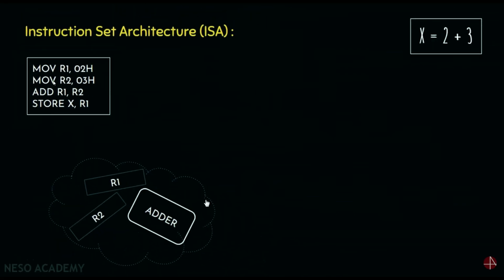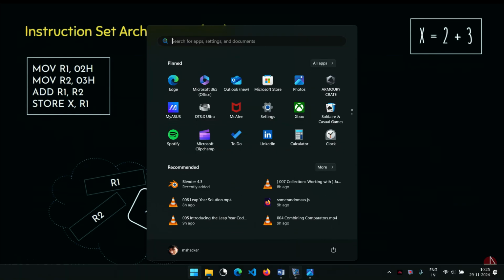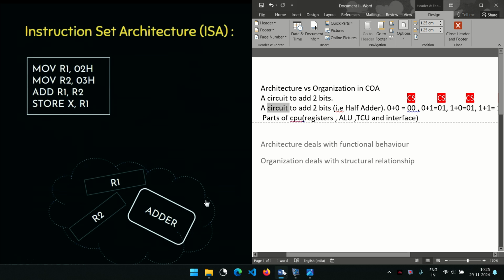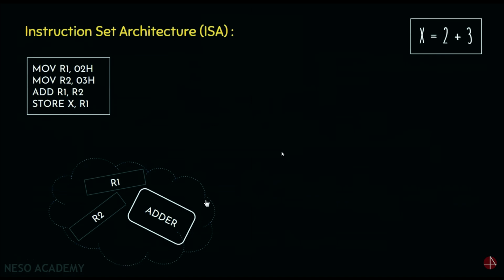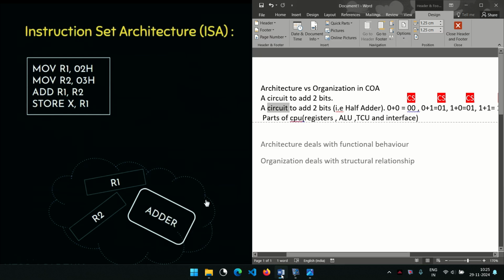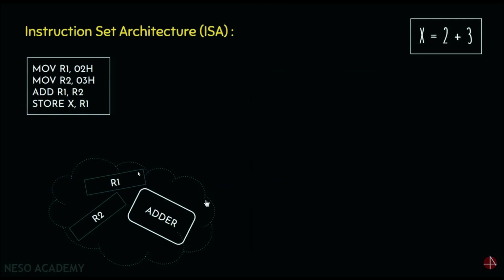At the very beginning we studied there are two parts, right? Something is architecture and the other thing was organization, the hardware structured relationship. So we have this design ready, we have the ISA ready.